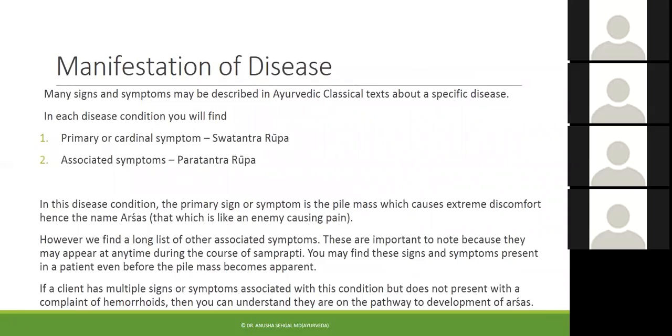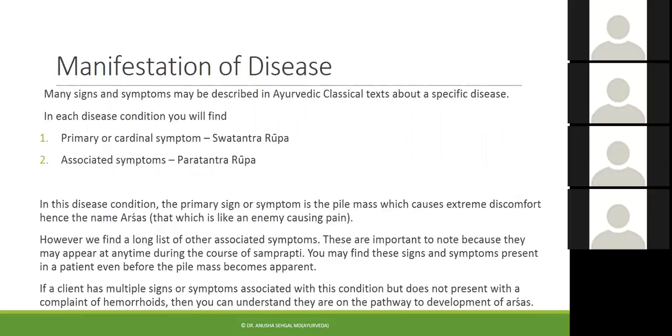The next slide is about the manifestation of disease. In any disease, not only for Arśas, but any disease that we talk about in Ayurveda, you always have the first primary symptom through which we have actually named the disease. And we understand that that is the major cardinal symptom of that condition.